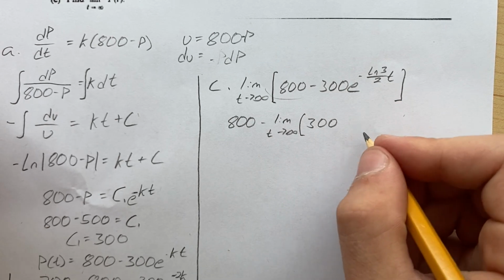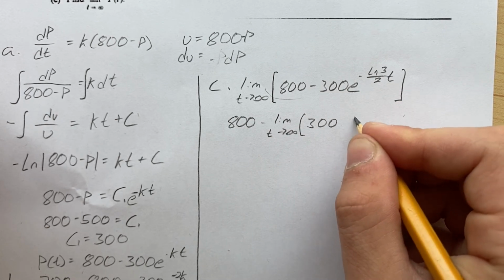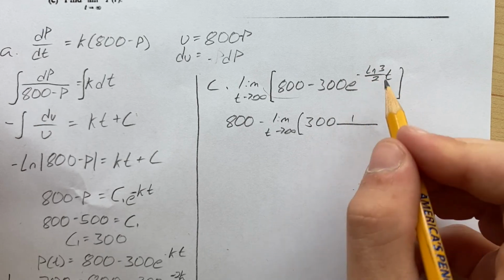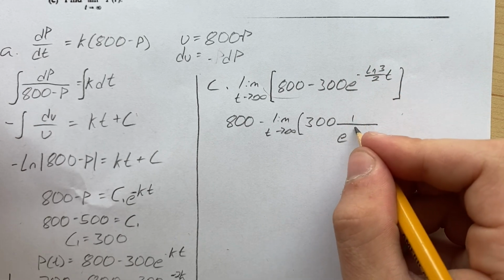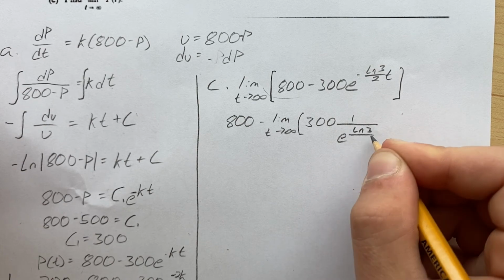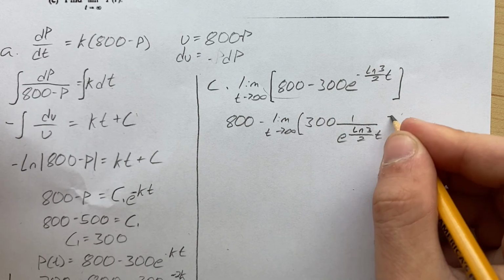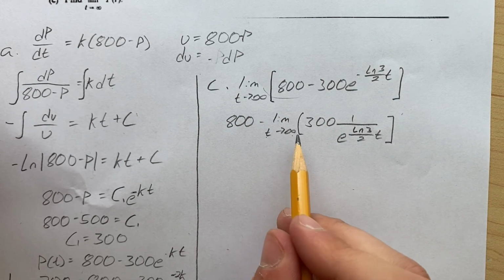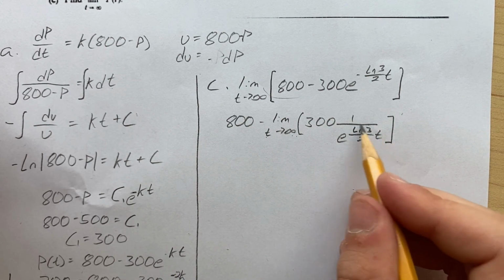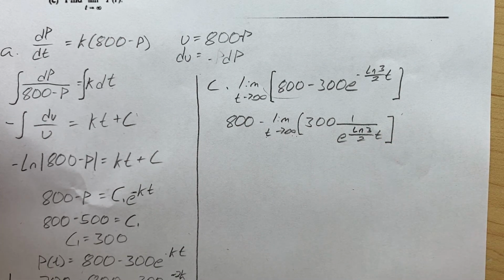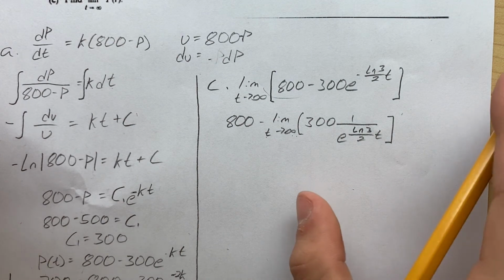300, and in fact, I will invert this section. Hopefully that'll make it more obvious what's about to happen. 3 over 2 to the t. Now, as t approaches infinity, this whole section, natural log of 3 over 2 times t, is going to blow up to infinity.